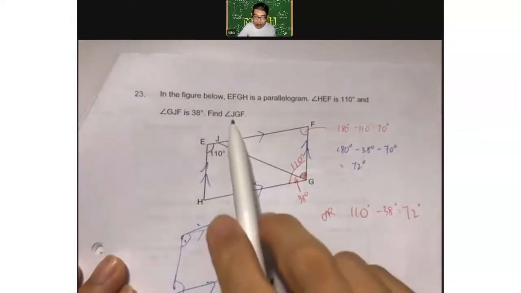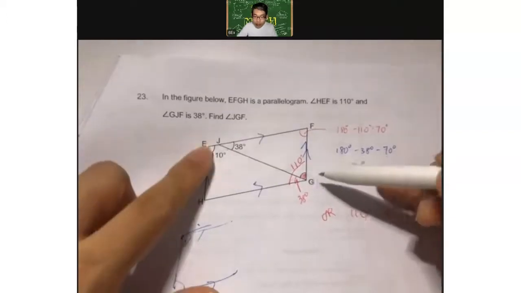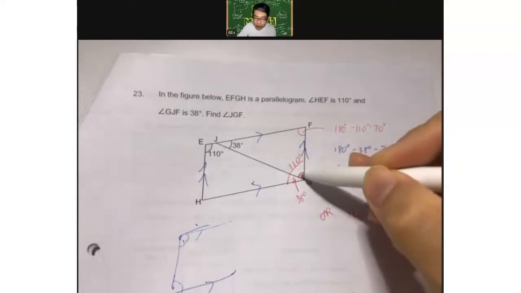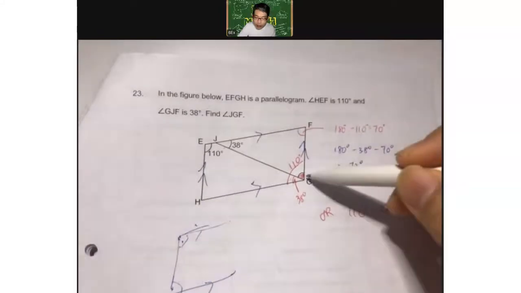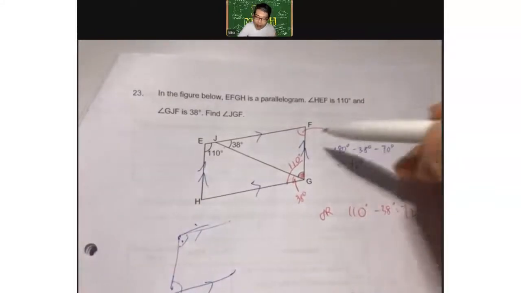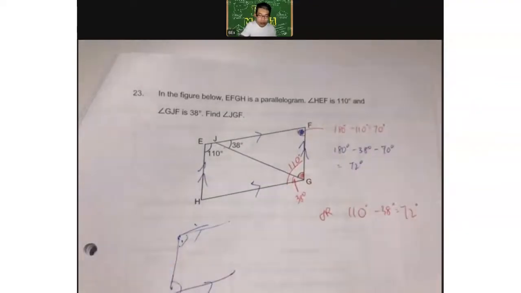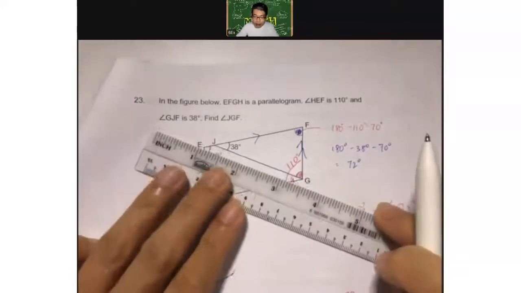Find JGF. I usually like to color the angle that I need to find, JGF, just to make it pop up and highlight to me. So again, let's think of the steps. To get this angle, what do I need? I think if only I have this angle, then I can use the property of sum of angles in a triangle.